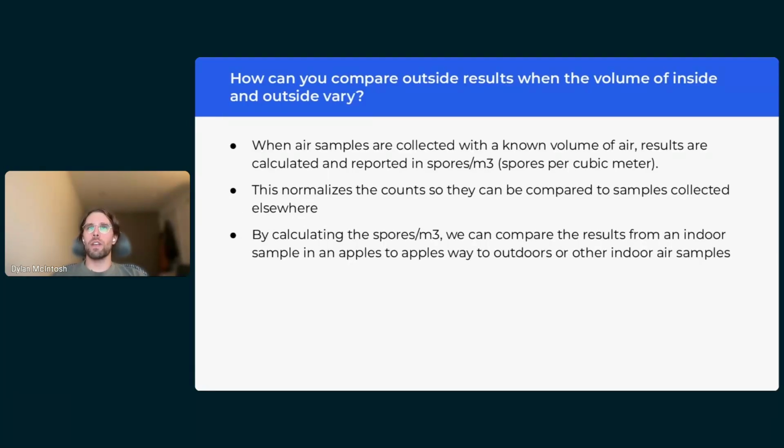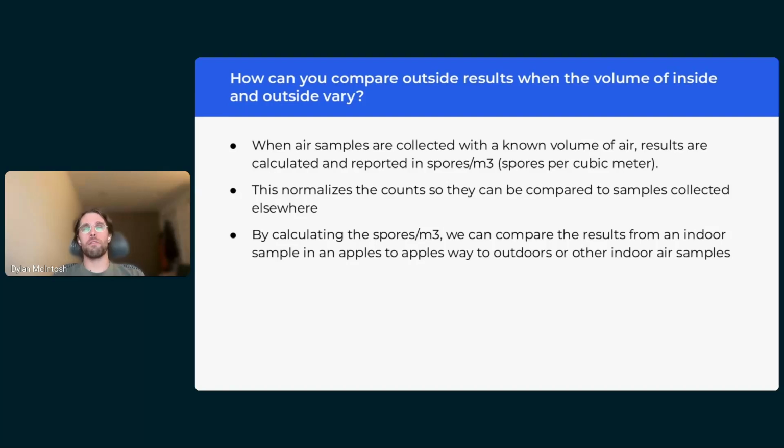So how can you compare? This is a question we got just the other day. How do you compare outside results when the volume of inside and outside may vary? The volume of air in the room or outside, the total volume in that space, doesn't matter for comparing samples. What matters is the volume of air that you sample.